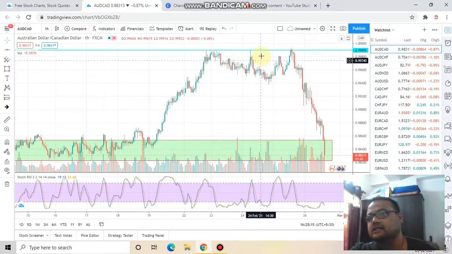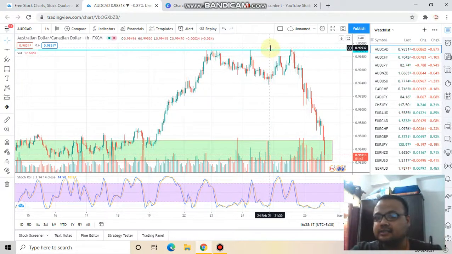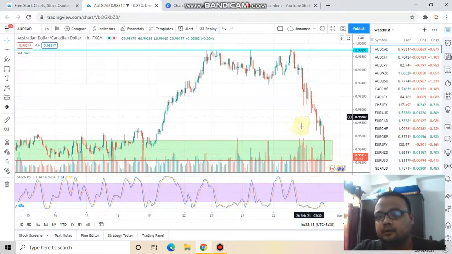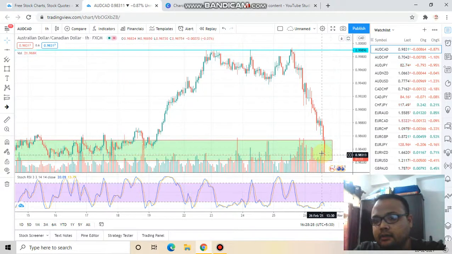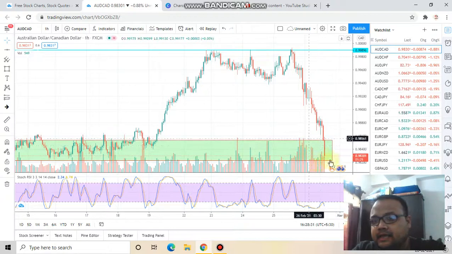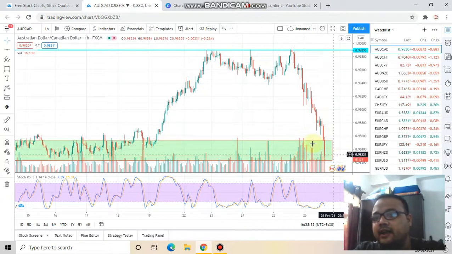Resistance is there. So we need to look right now at when the market will hit this point. Market has almost come down to the support zone, and the selling pressure is still very high.